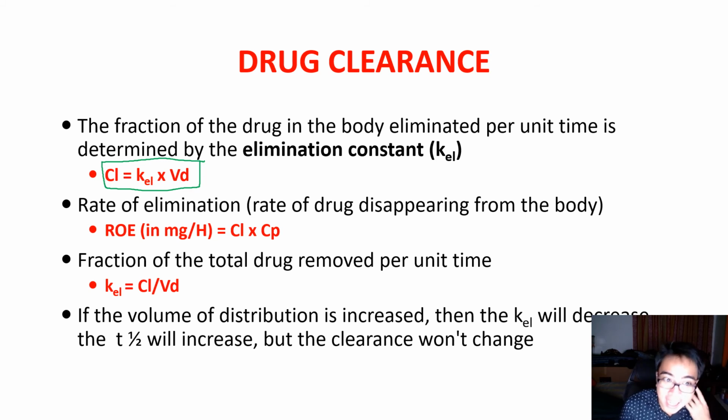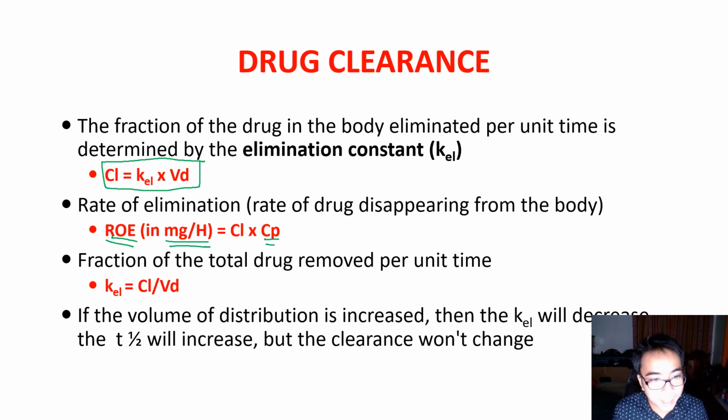So, ang units kasi, class, ng rate of elimination, kaya hinighlight ko dito, ROE yan, hindi yan KE. ROE, okay, when I'm going to ask for what's the rate of elimination of the drug, this is referring to how much in milligrams per hour. How much of the drug is being eliminated per hour. Formula for that, class, is simply clearance multiplied to your current plasma concentration. Okay, or your plasma concentration. Usually CP sub 0 or CPSS.